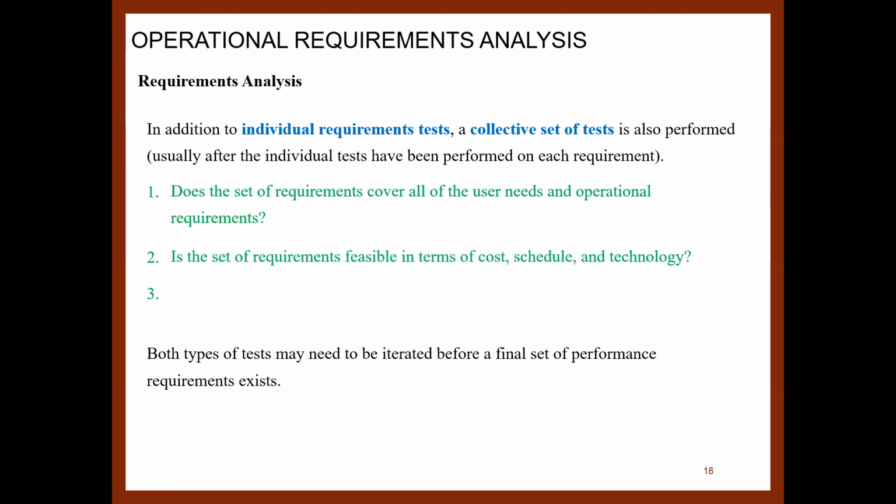Second question, is the set of requirements feasible in terms of cost, schedule, and technology? And the third question is, can the set of requirements be verified as a whole? Both types of tests may need to be iterated before a final set of performance requirements exists.